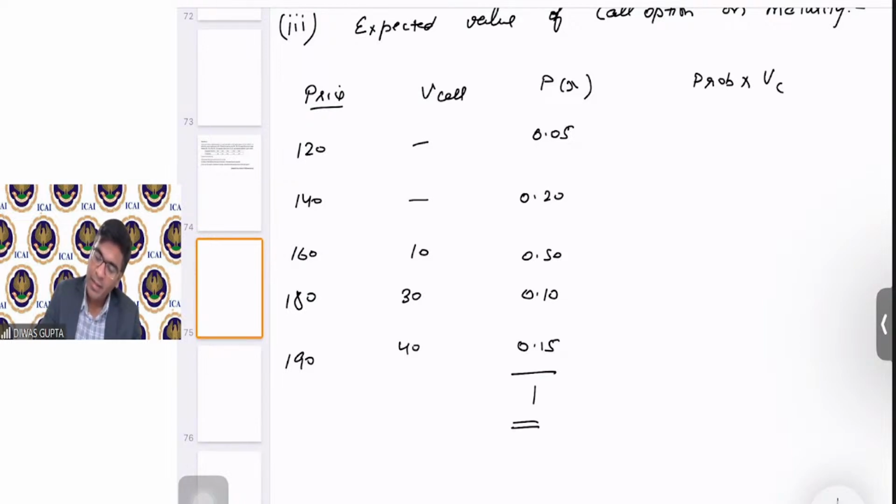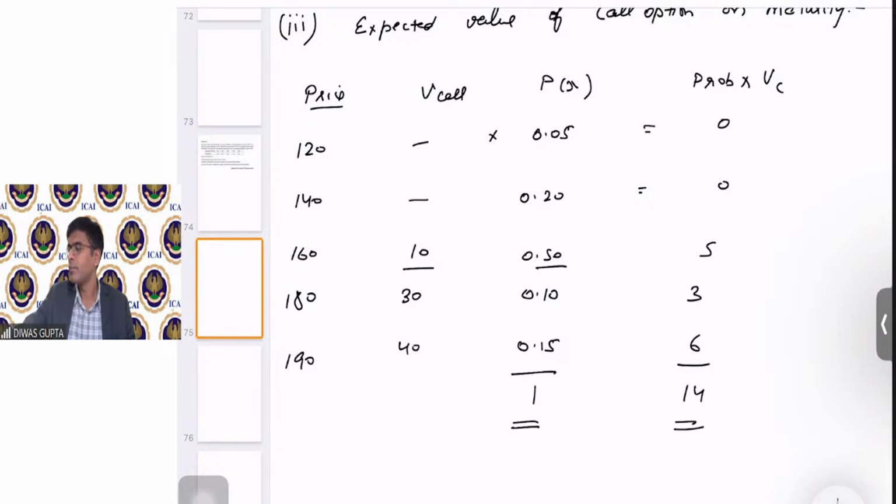Now this probability multiplied by value of call will be 0, 0, 0.5 into 10 will become 5, 30 into 0.10 will become 3, 40 into 0.15 will become 6. So in totality it becomes 5, 3, 8, and 6, 14. Perfect, Tanisha. Yes. 14.